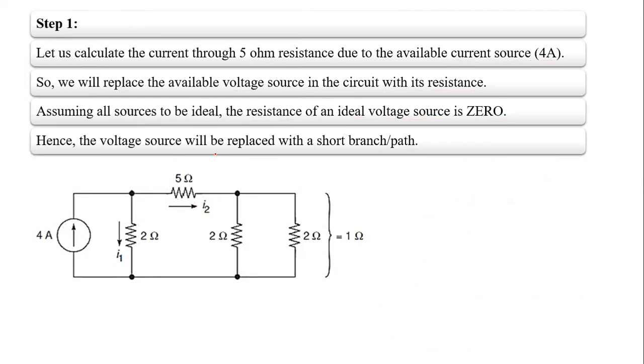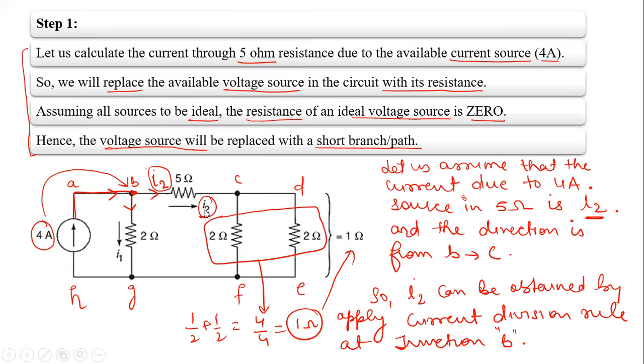So I2, as per the current division rule, is given by the 4 ampere current into the resistance of the branch where I1 is flowing. This one is 2 ohm resistance, because this particular branch is in parallel with this branch.